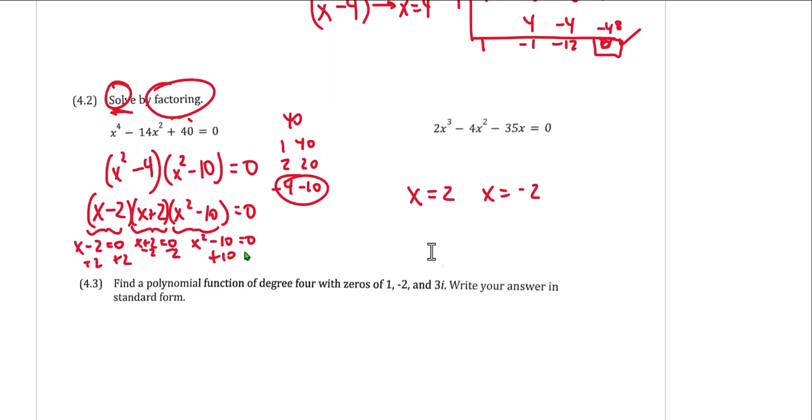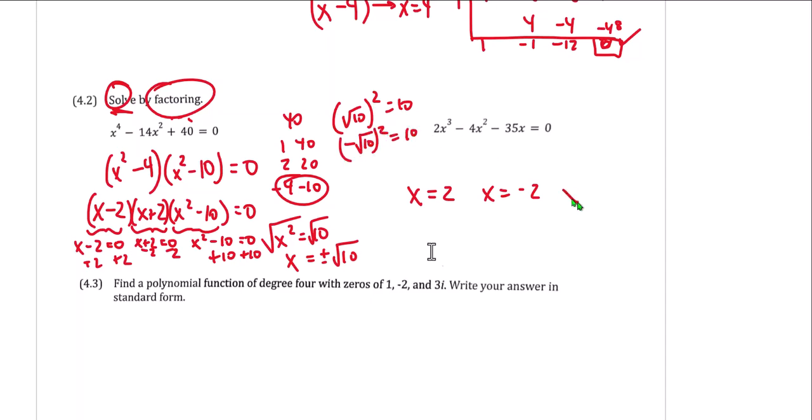In this case, we're going to add the 10, we get x squared equals 10. We can square root both sides, but we do have to remember to account for the fact that both a positive root 10 and a negative root 10 when squared will give us 10. In other words, if x squared equals 10, we know that root 10 squared would give us 10, but we also know that negative root 10 squared equals 10, which means that x could also be root 10 or negative root 10.